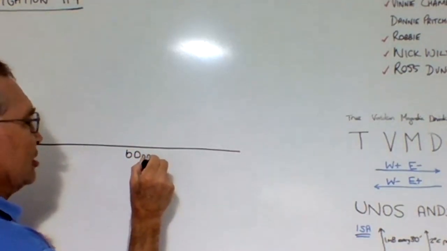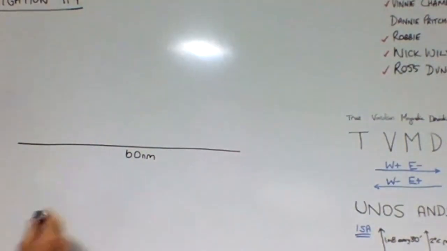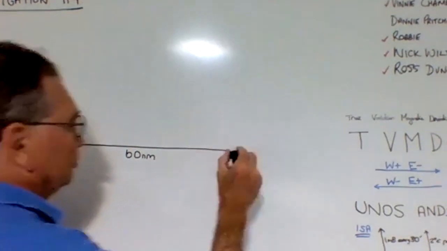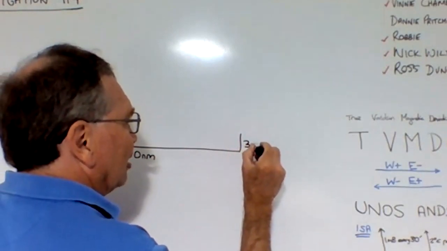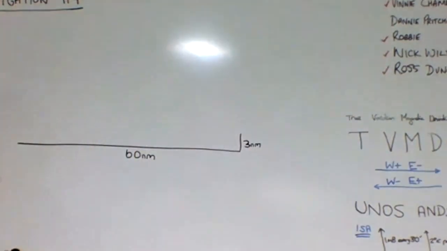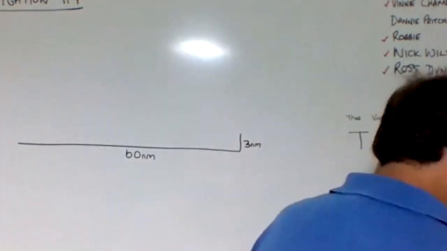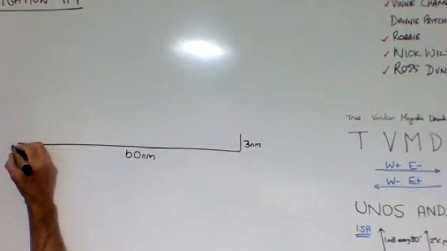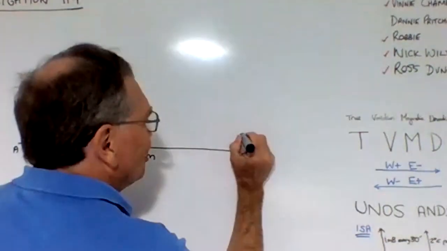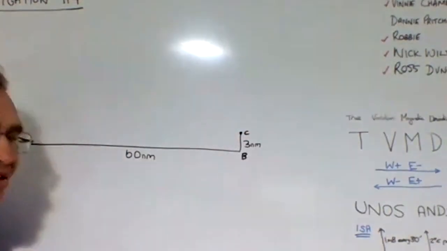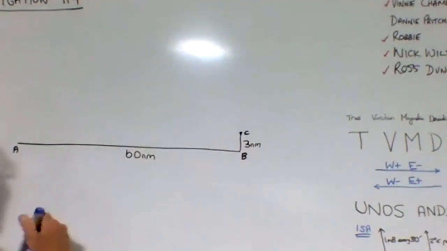If I have something 60 nautical miles long, a leg, say 60 nautical miles, and we have something 3 nautical miles here, for example, we are flying from A to B, and we finish up at C. We want to know the error.